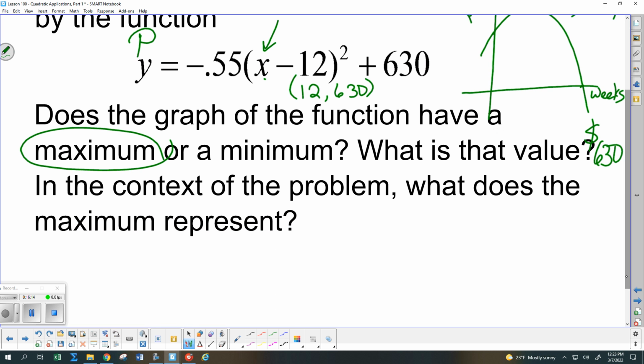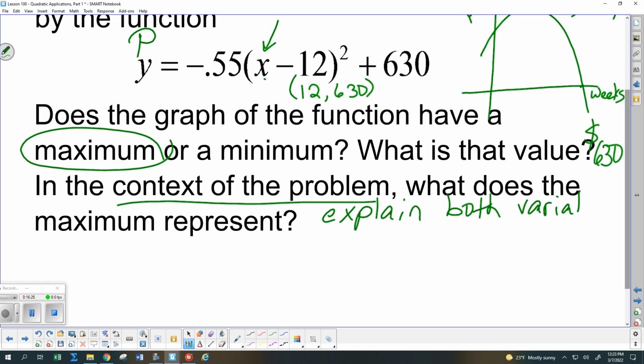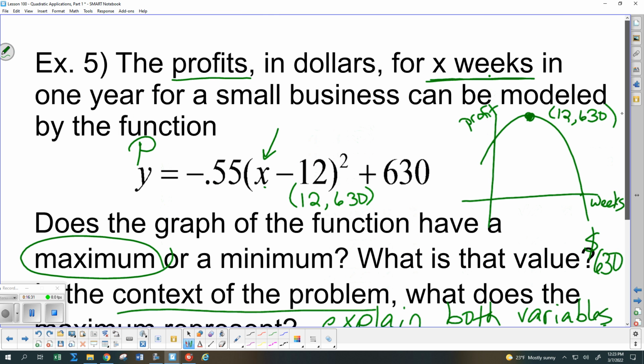In the context of the problem, that means explain both variables. That's going to be a complete sentence. Now, what we have is the x's are weeks, the y's are profits.